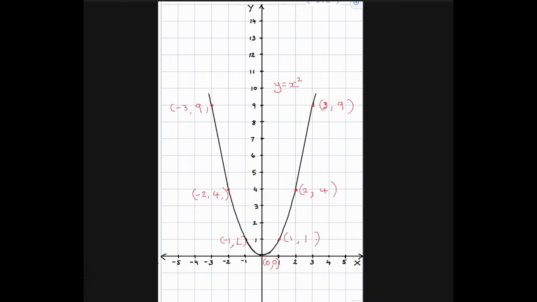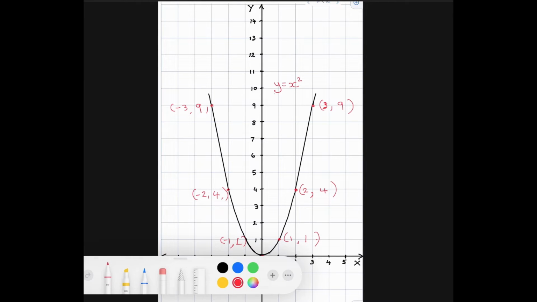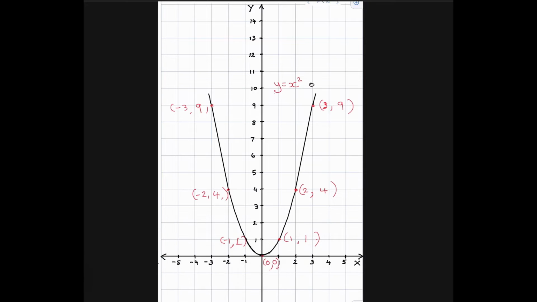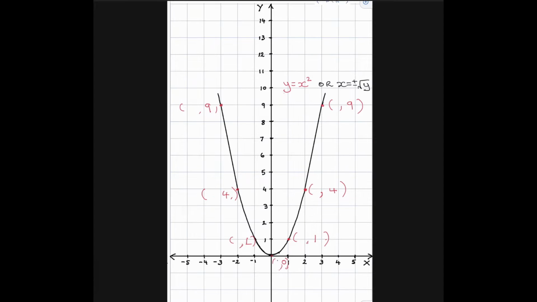The same rule can be written in the form x equals plus or minus the square root of y, telling us that the x value of every point on the curve is the positive or negative square root of the corresponding y value.